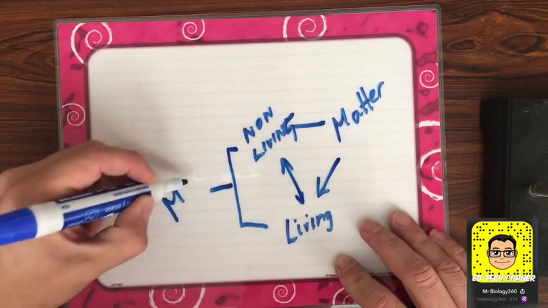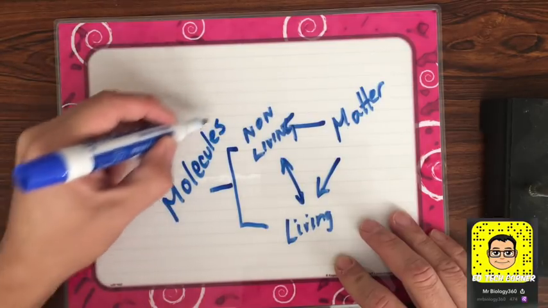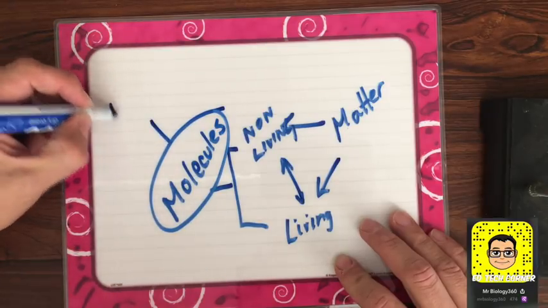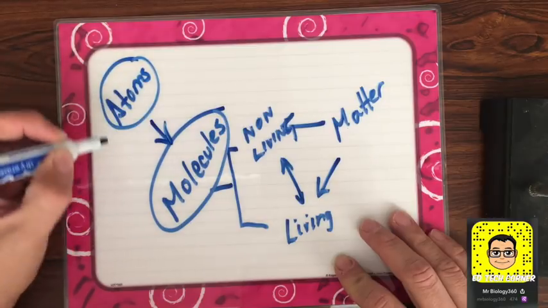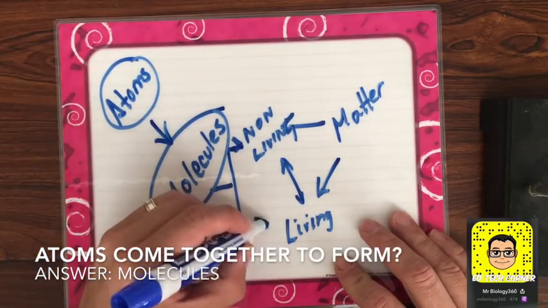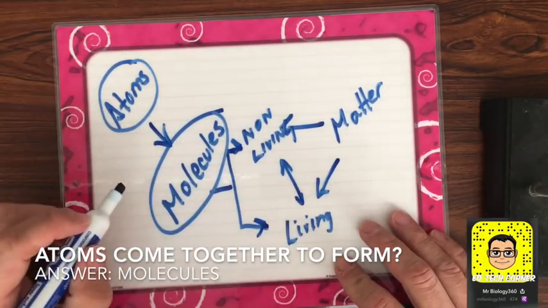They are made out of things called molecules. Molecules are made up of atoms. So if you take atoms together, you put molecules together, you can get either non-living or living matter. It's very important that you understand this concept.